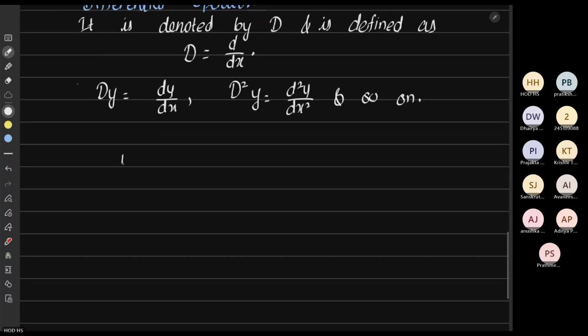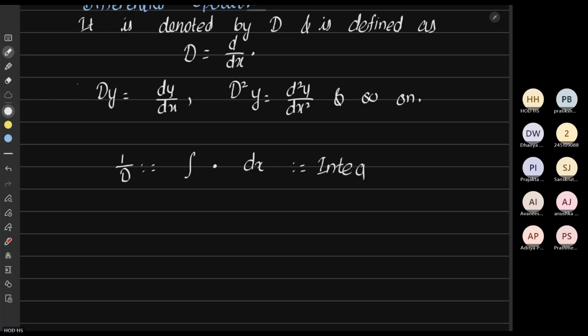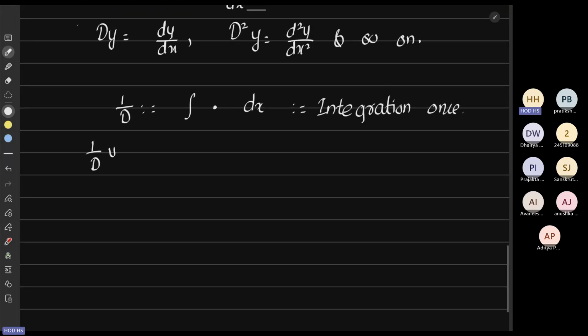Similarly, 1 by D represents integration, some dot dx. So it represents integration once. That is, 1 by D of y means the integration of y dx.